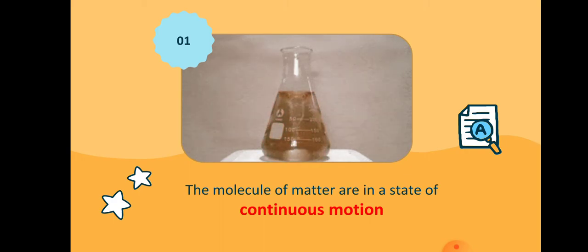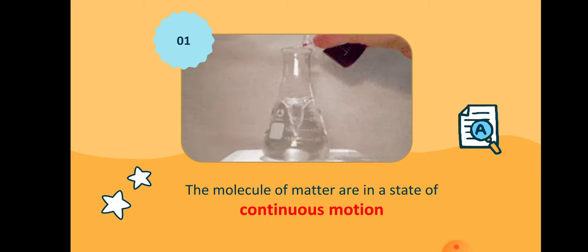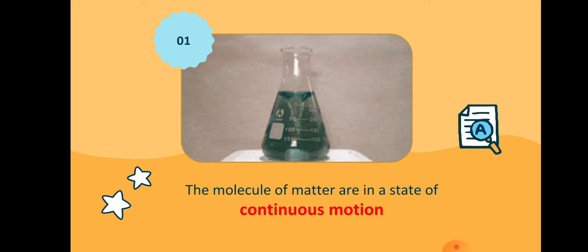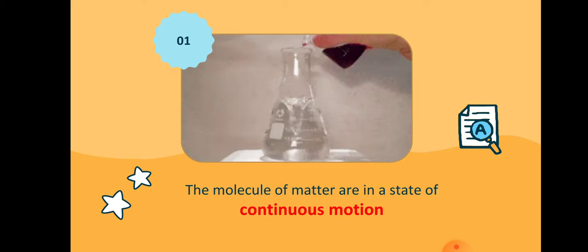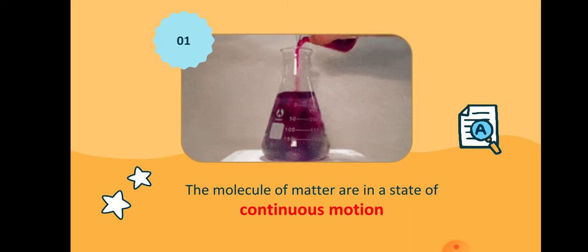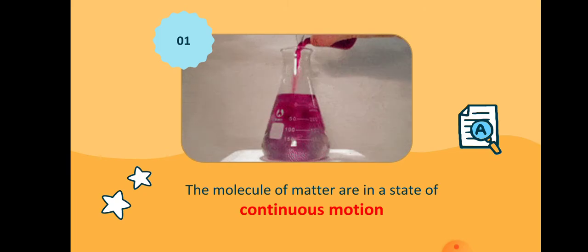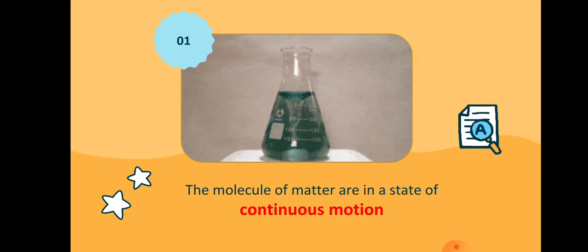First, the molecules of matter are in a state of continuous motion. If I add a small amount of potassium permanganate to an amount of water, what will we observe? We will observe that the color of water changes into violet color, as you see. Why?